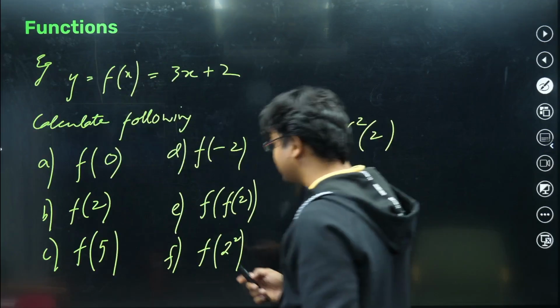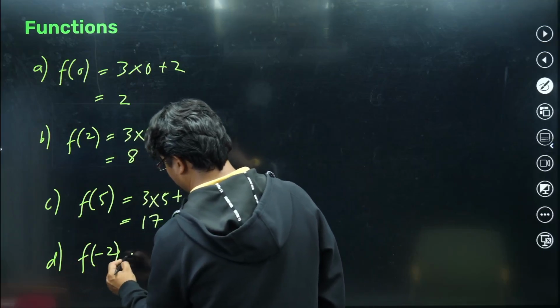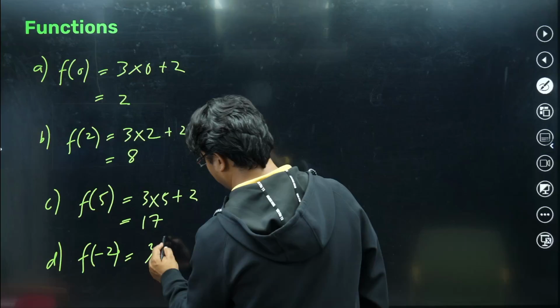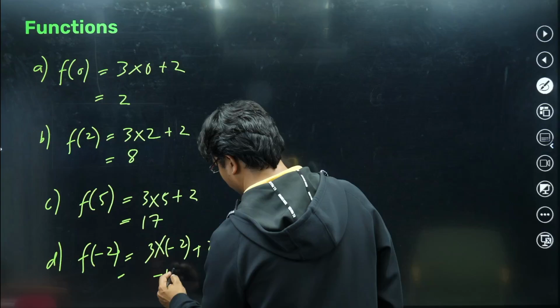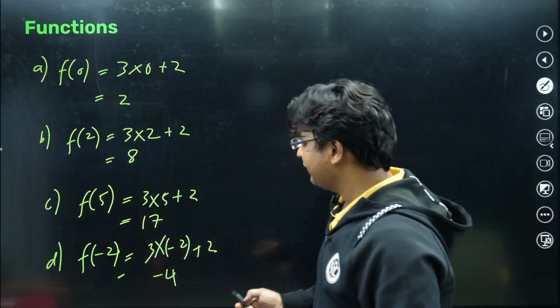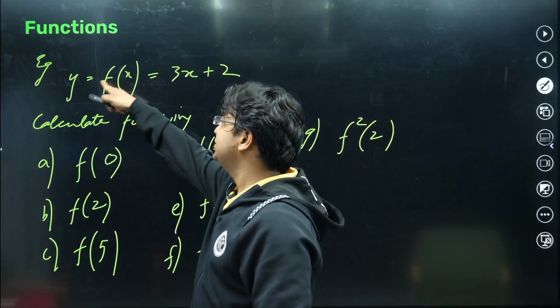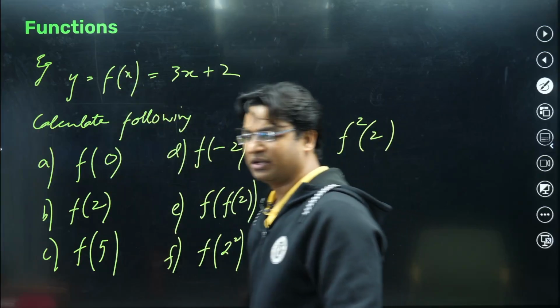Next, f of minus 2. f of minus 2 is 3 into minus 2 plus 2, so minus 6 plus 2 is minus 4. There is one more thing, guys. It is not necessary to use f only. I could have used a g here or an h here, any small alphabet, but then we'll continue to use the same here.